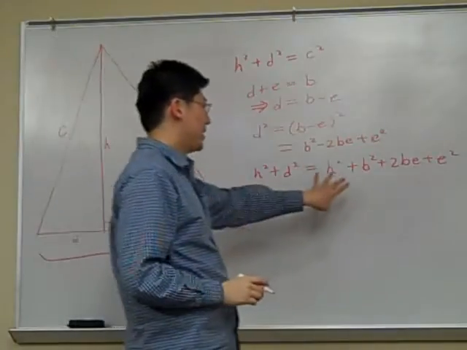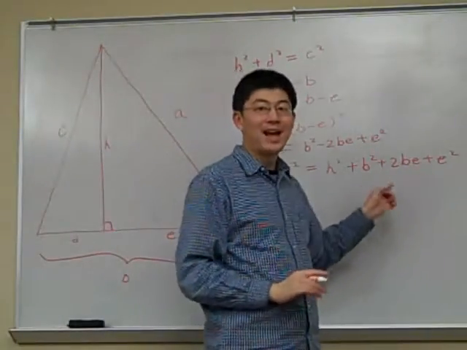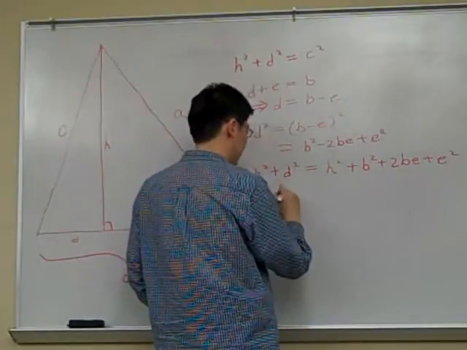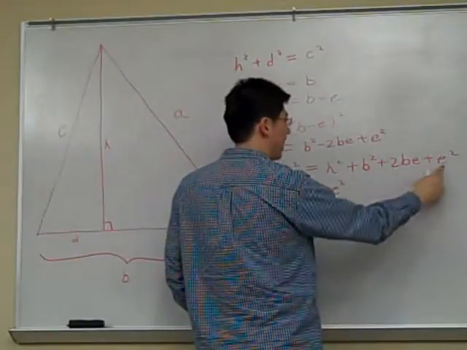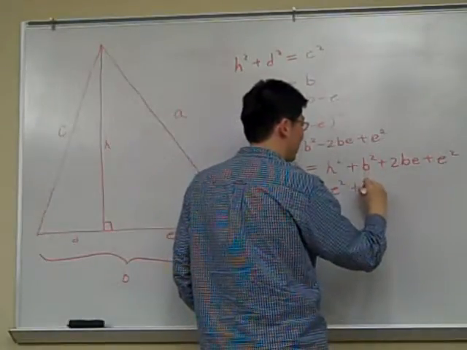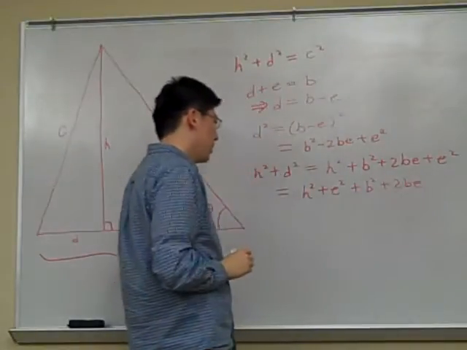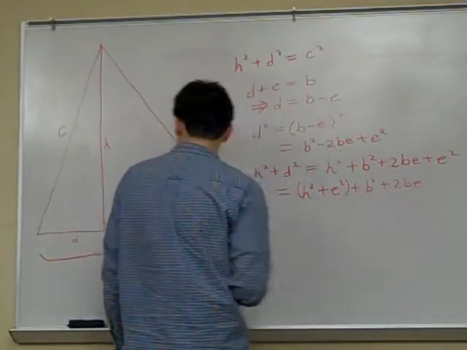Now, addition is commutative and associative, so we can move things around and add in any order we want. So instead of adding in this order, let's first add H squared and E squared, and then add in the rest.